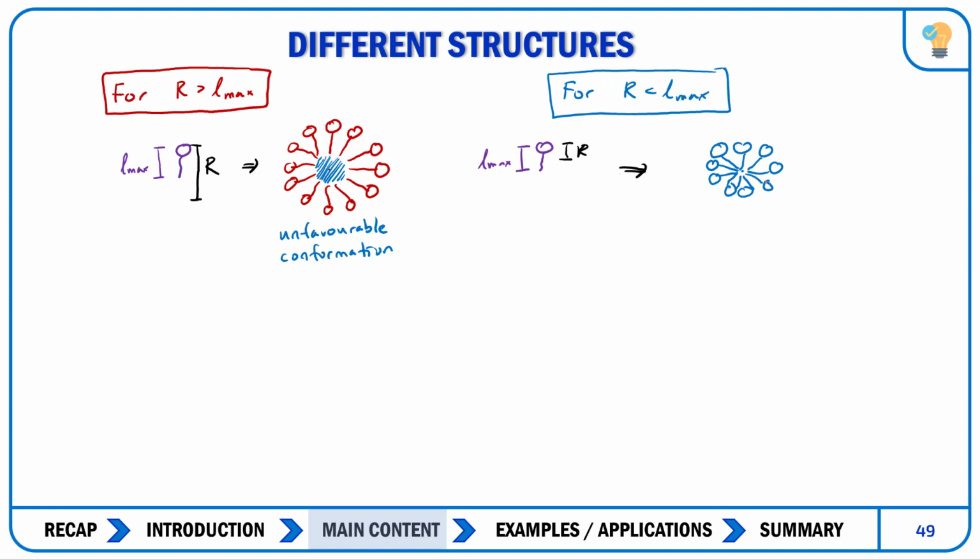So this would be called biologically favorable and biologically relevant. So whenever we're performing studies on micelles, we always want to assume that the radius of the micelle that we calculate is going to be less than the maximum length of the tail of an individual lipid.